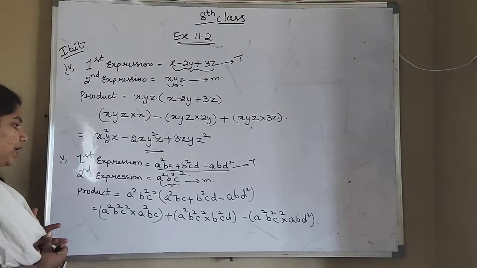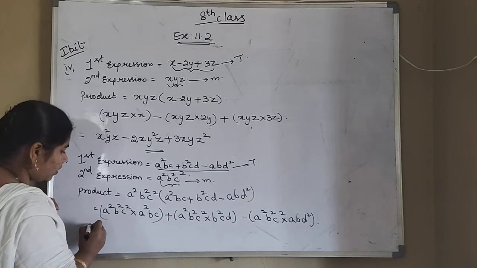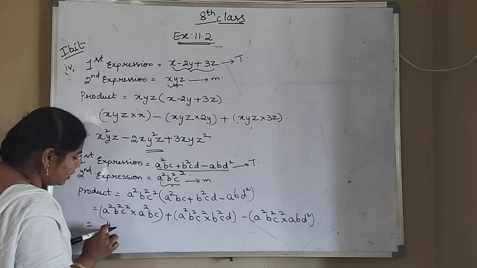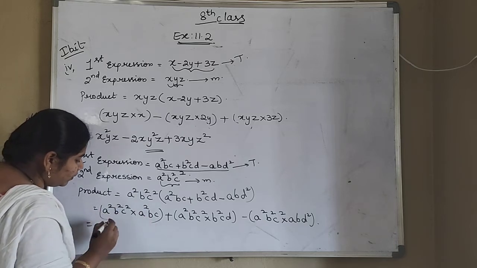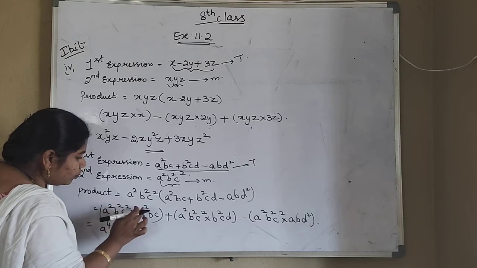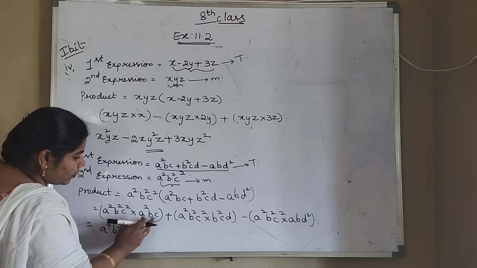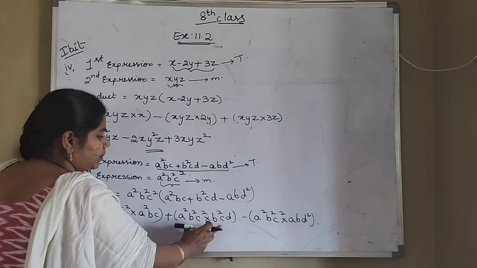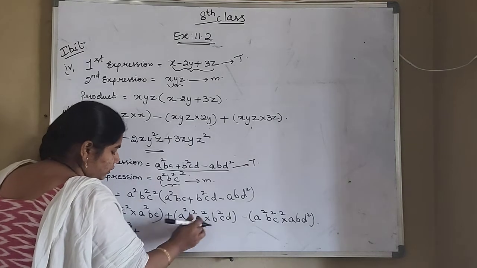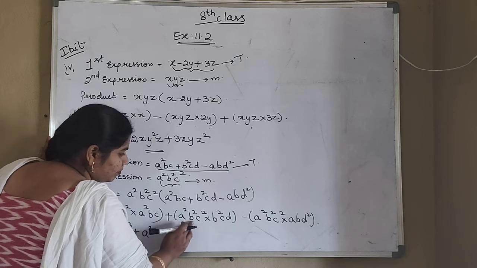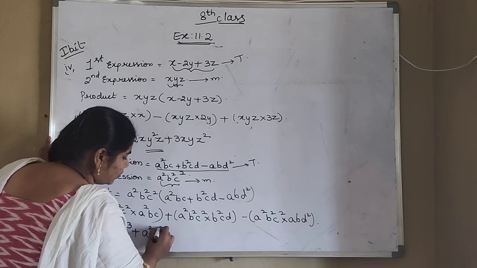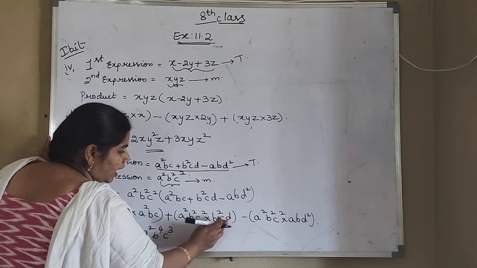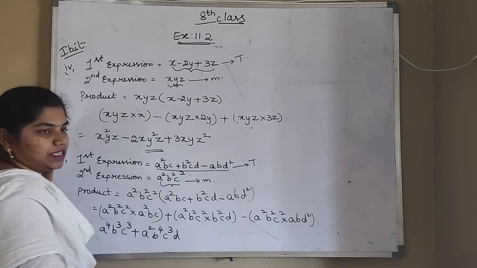Now multiply the terms. A square into a square will be a power 4, b square into b will be b cube, c square into c will be c cube, plus, now multiply these terms: only one a square is there, so write as it is, b square into b square will be b power 4, c square into c will be c cube, and only one d is there, write as it is.